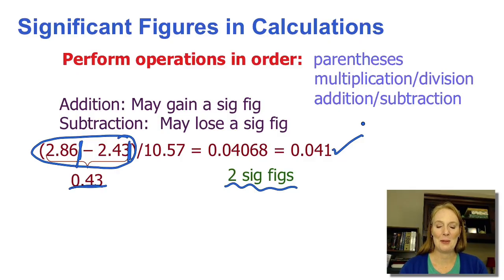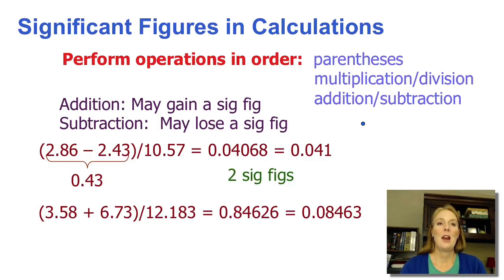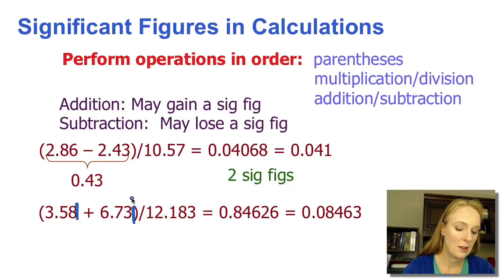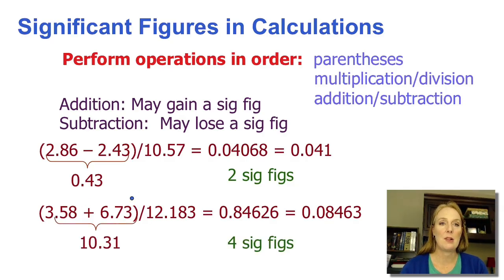Let's do another example. 3.58 plus 6.73. In this case, I have 2 quantities that each have 3 significant figures in the measurement, but both of those measurements were precise to the 100th place. So when I add them together inside the parentheses, I get an answer of 10.31.